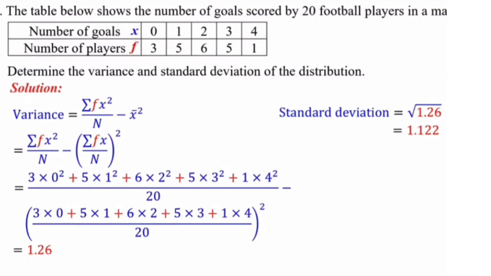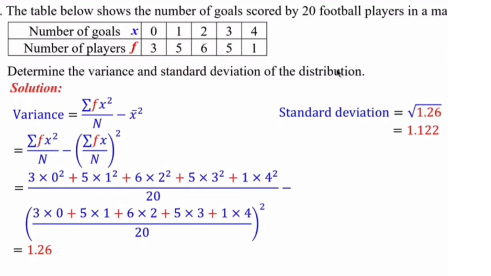Then you press your calculator carefully. In short, we say sum of the data squared over sum of frequency, minus sum of fx over sum of frequency, which is the mean, and then squared. So your answer is 1.26 for variance.